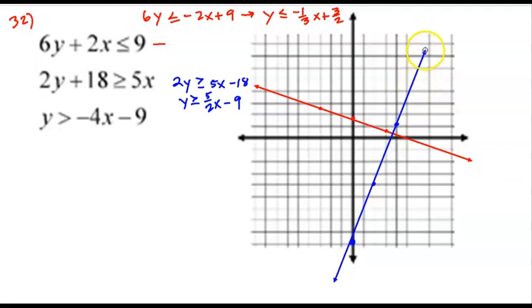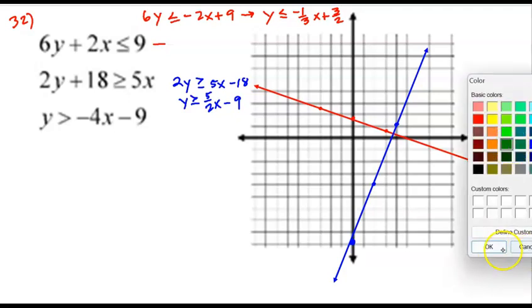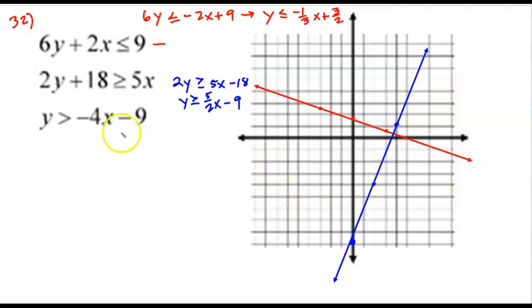And it will be solid. Okay, and then our final inequality is already in slope-intercept form. So we're good to go, starting to graph. We'll do this one in green.